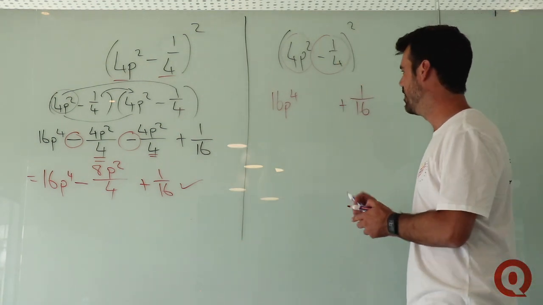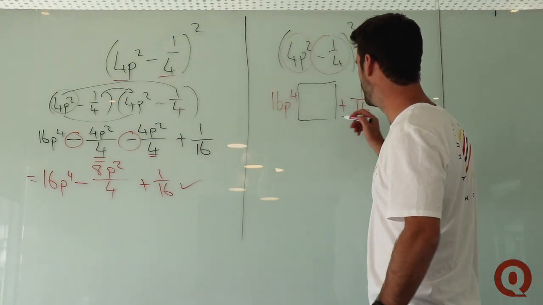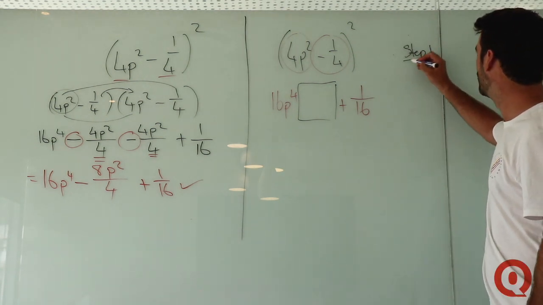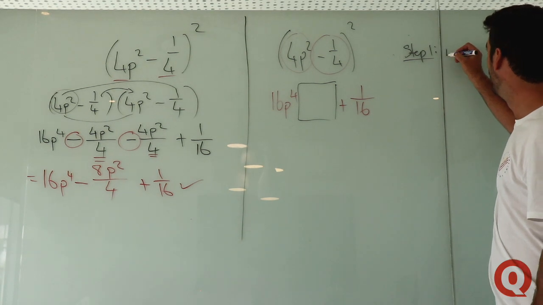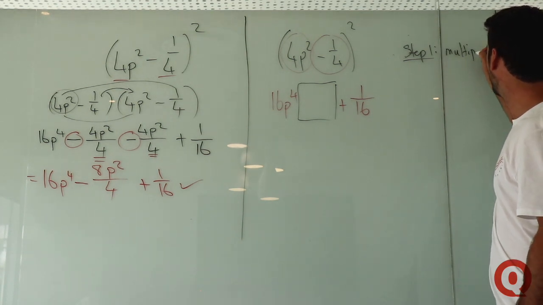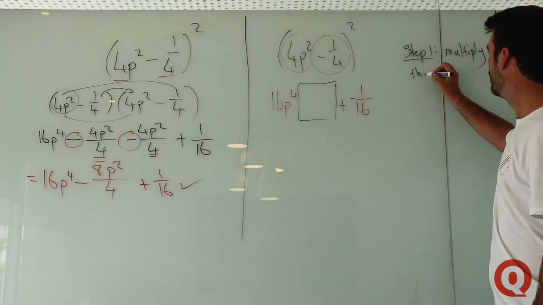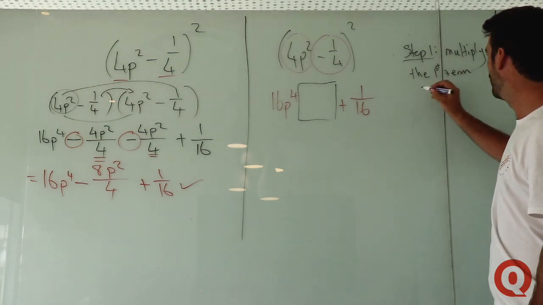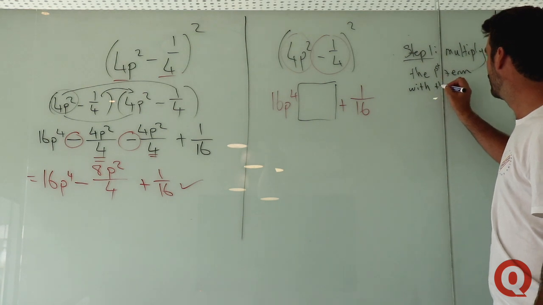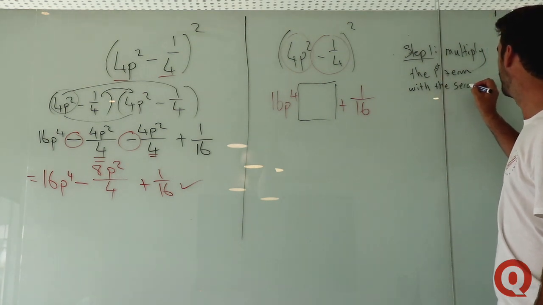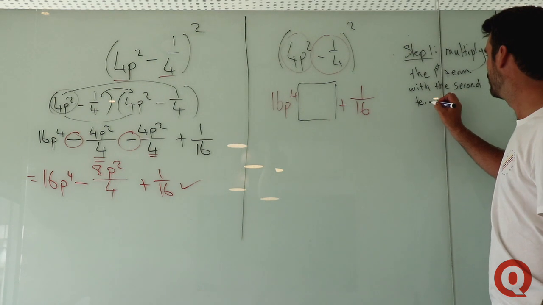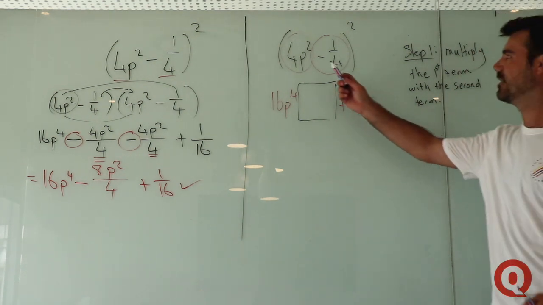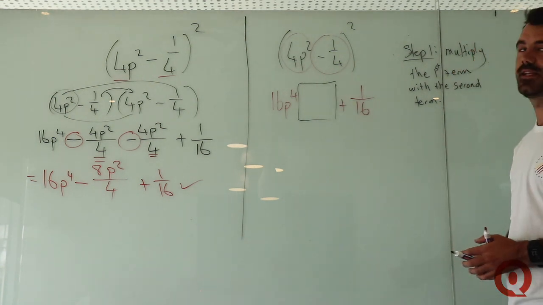Now, it's that magic middle term. How are we going to find that middle term? Well, we said the step was, step 1, we need to multiply the first term with the second term. That is step 1. Multiply the first term with the second term in my bracket. So what is 4p squared times a negative quarter?